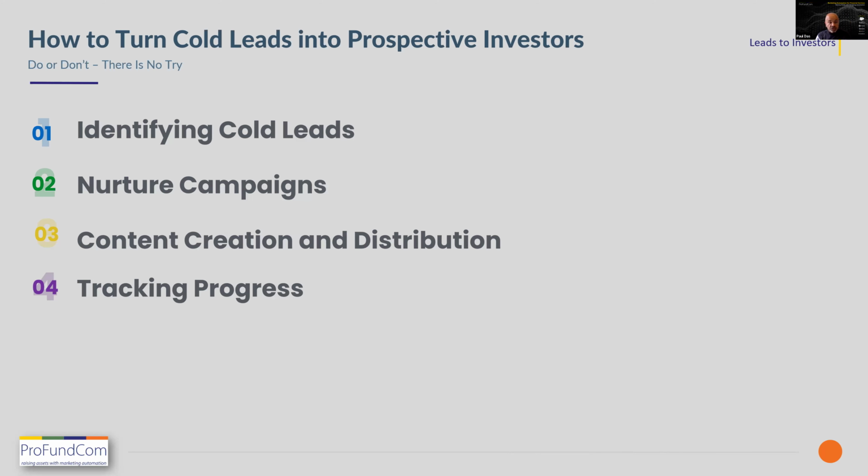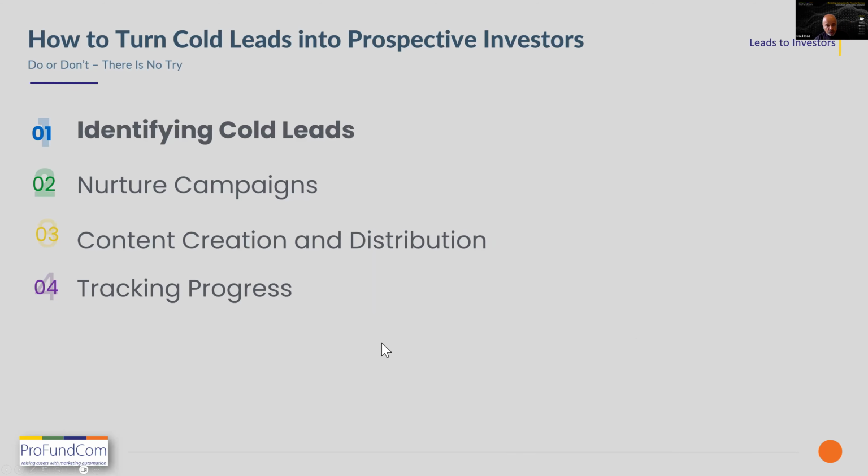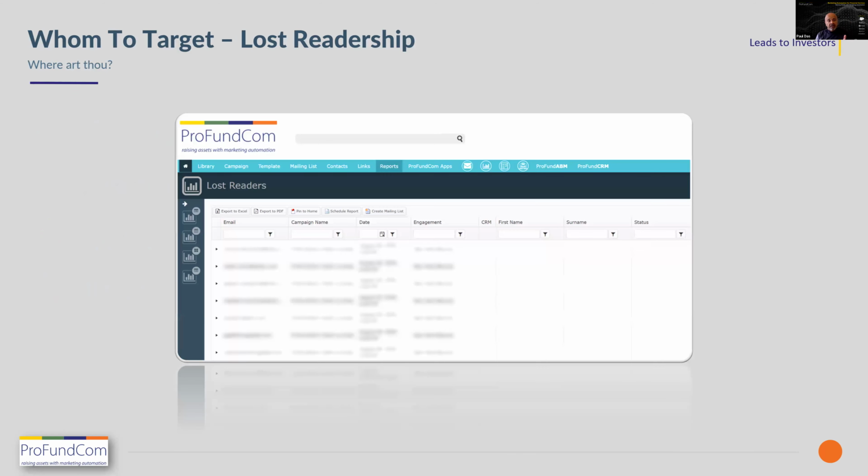So the first question is, how do I identify my cold leads? We found that there are three key areas of what we call cold leads. Cold leads are essentially your lost readership. Who are the people that have engaged with you in the past and read your content, but in the last 3 months have stopped reading what you're sending them?